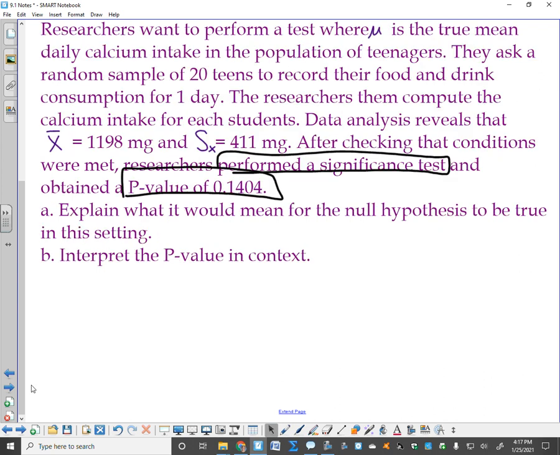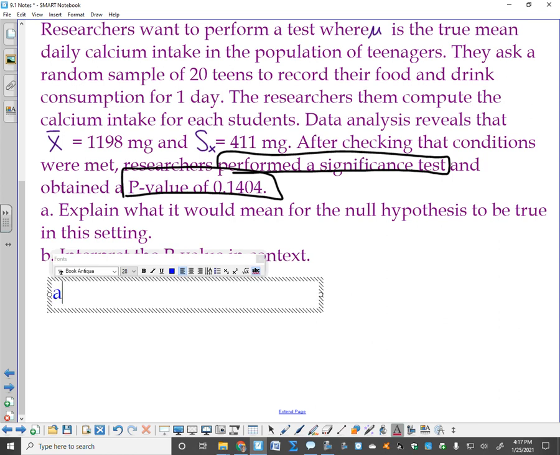All right. I'm going to type instead of write. So here we go. Let's see if I can do this. I can really do this.